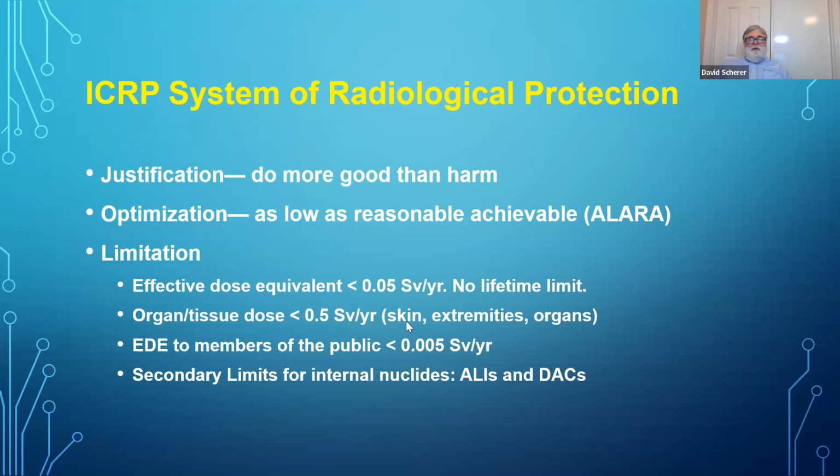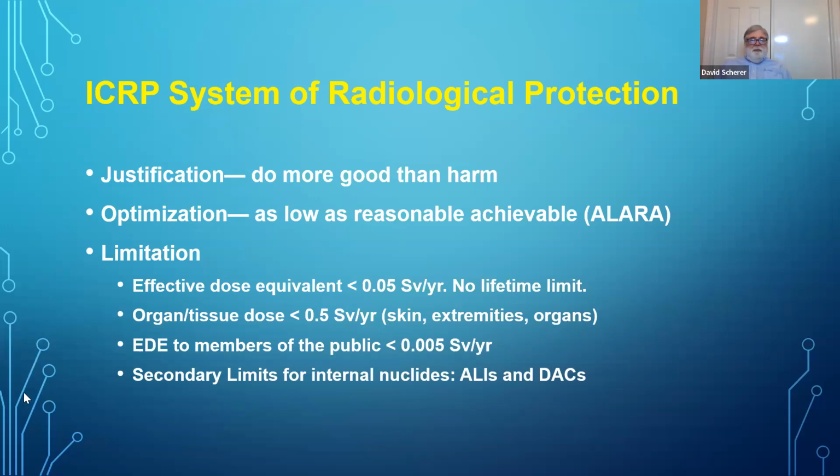Organ and tissue doses, including the skin, extremities, and individual organs, should be less than 50 rem per year. Exposure to members of the public should be less than 0.5 rem per year, so 0.005 sieverts per year.